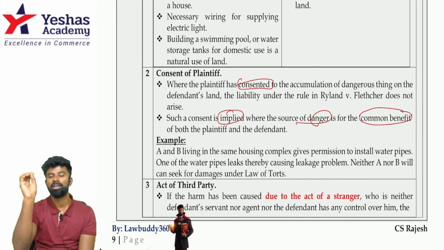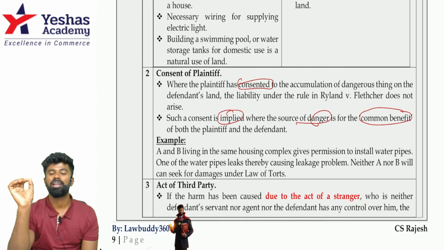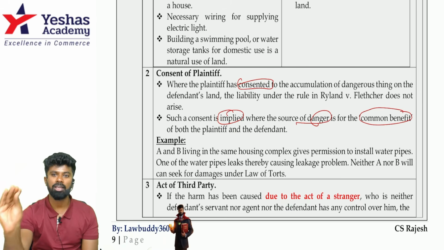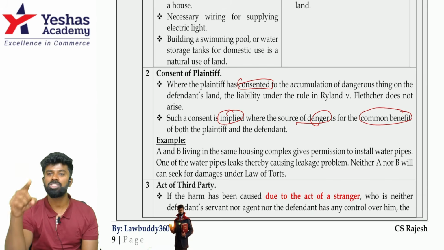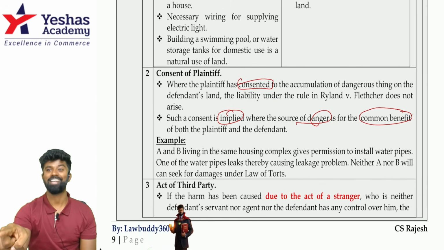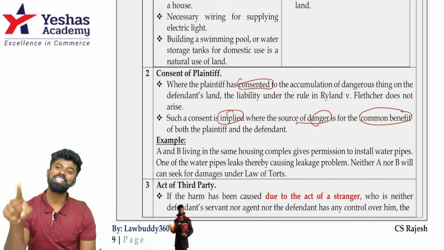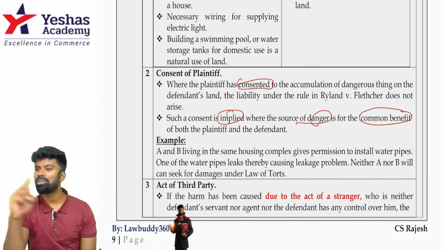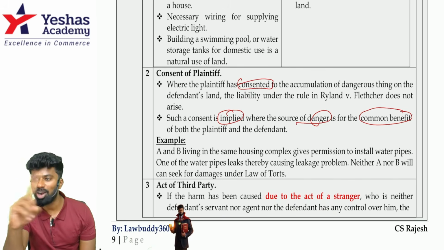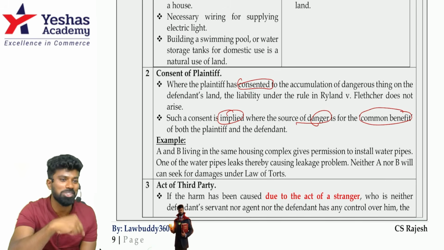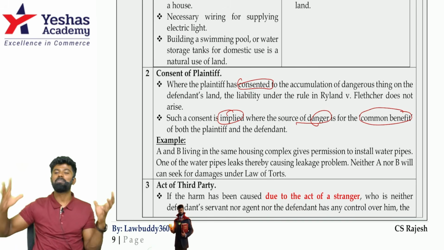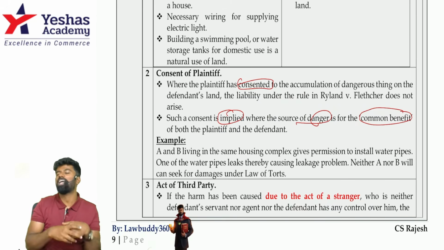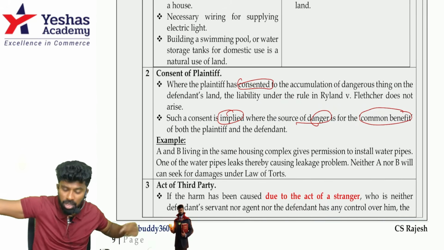A stranger comes and does something, because of which the dangerous goods escape and harm the other person. That will not be considered strict liability because it did not happen because of the defendant. It happened because of a third party. What party? Third party.